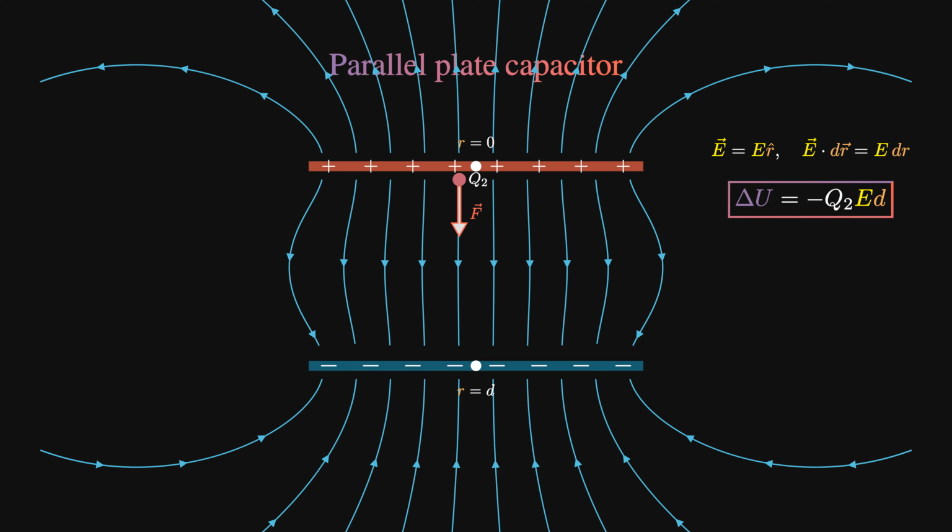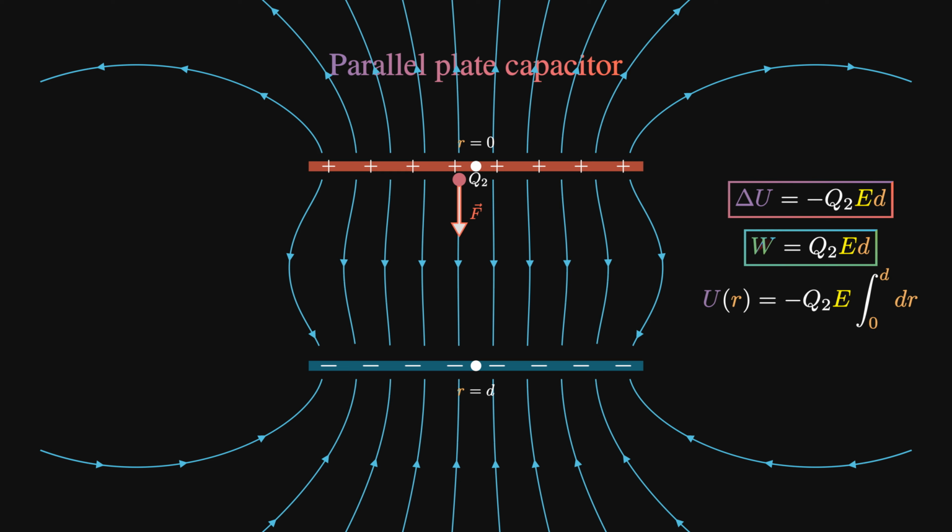We can similarly say that the work done by the capacitor on the charge, when moving it from the positive to the negative plate, is simply Q2 times E times D. Lastly, we can say that the potential energy at any distance r between the plates is simply the integral from r equals 0 to r equals r final, which just gives minus Q2 times E times r final.